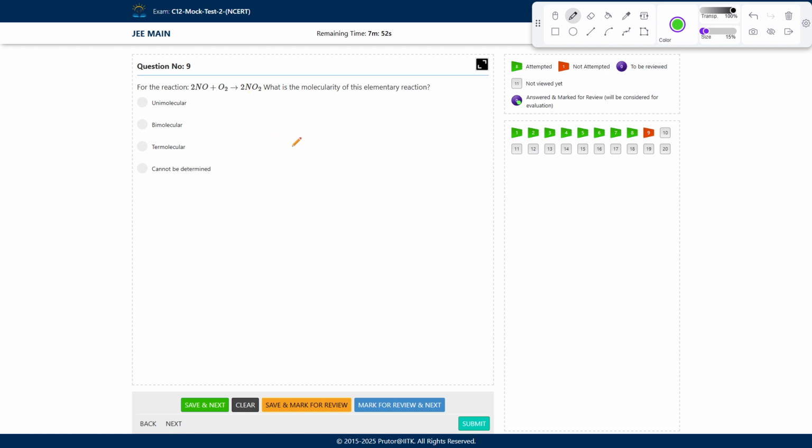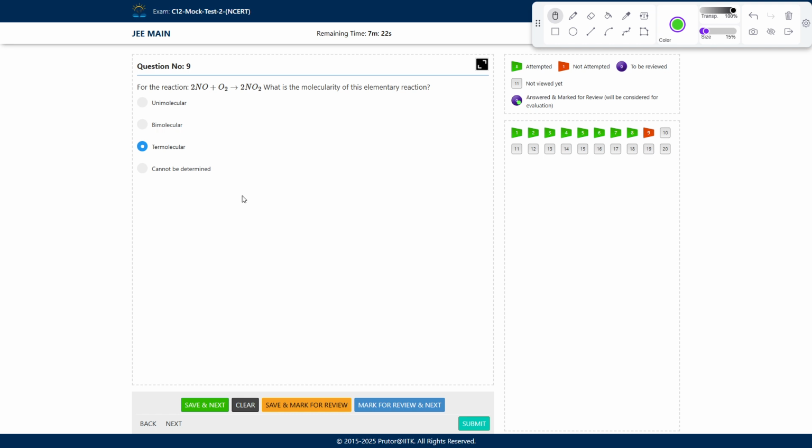That means the molecularity of this elementary reaction is going to be 3. So unimolecular means one molecularity, that is wrong. Bimolecular means two molecularity, that is also wrong. Cannot be determined is also wrong, because our third answer is the correct one, that is termolecular, which says that the molecularity of this reaction is 3. Hence this third option will be our correct answer.